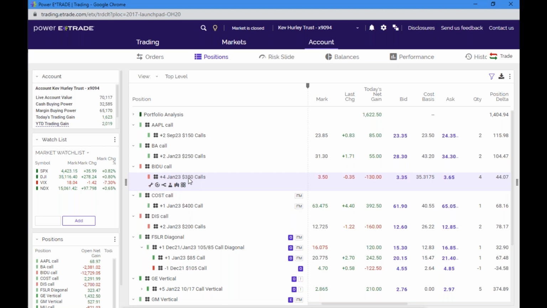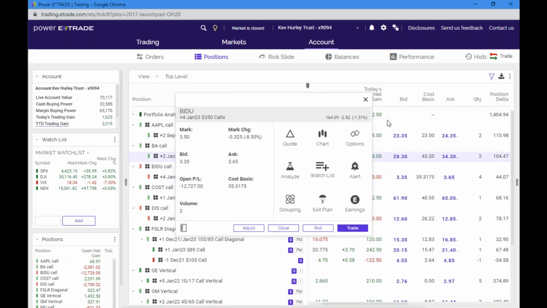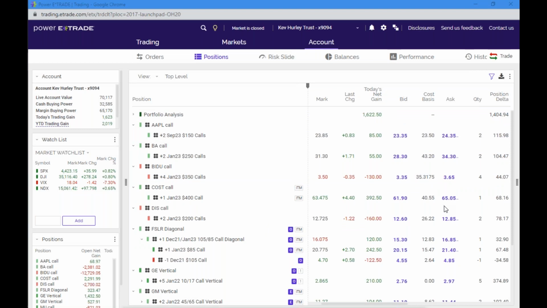So as we look at a cost basis of 35, my true cost basis on Baidu is only one contract, right around 35. Interesting to see how this one's going to work out. Good thing I went out to January 23 again and I can let that one go.